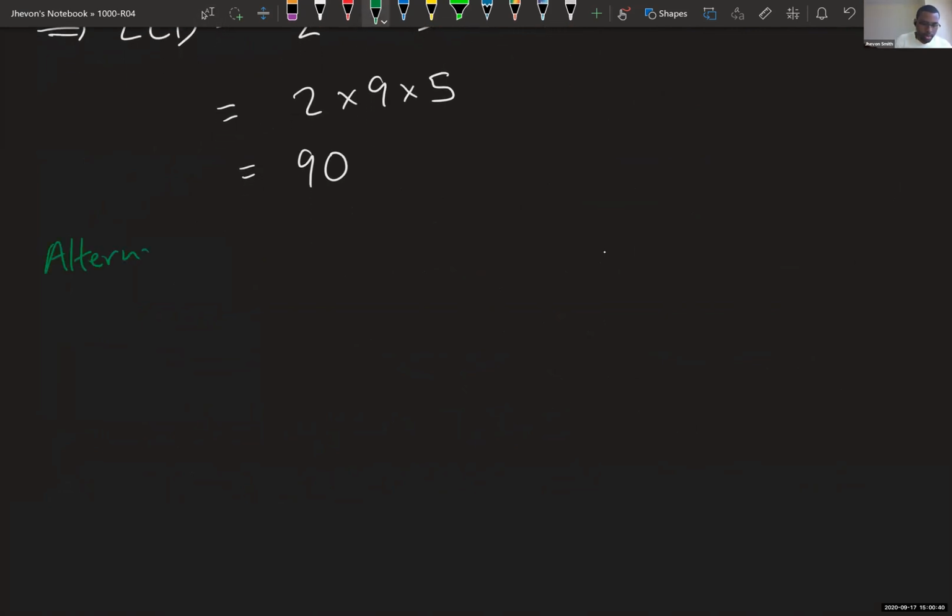There's an alternative. It's a bit clumsier, but it works. Is clumsier a word? It is to actually write out the multiples.